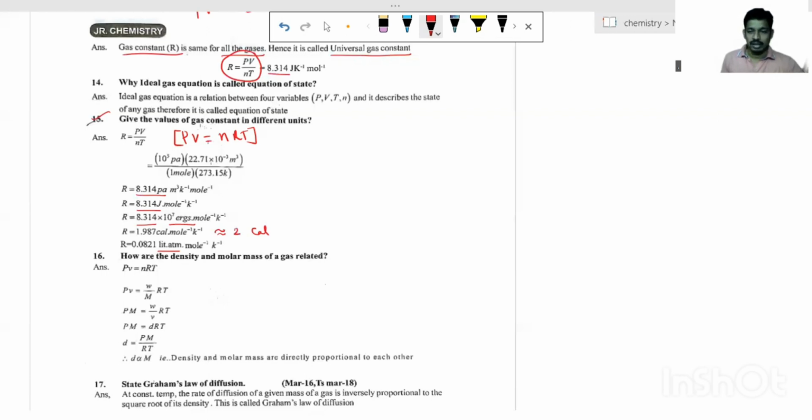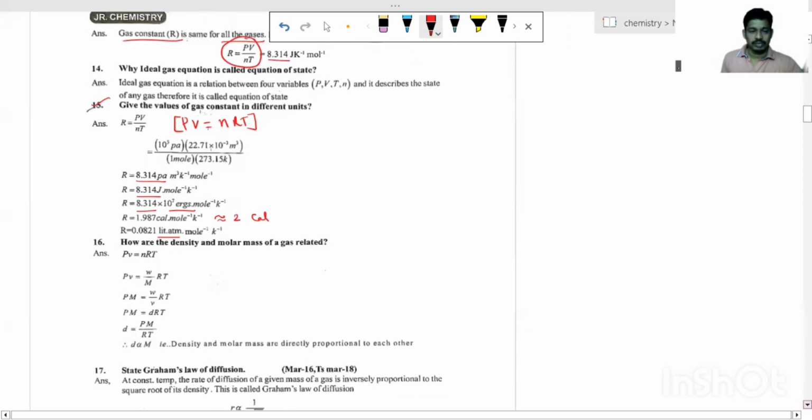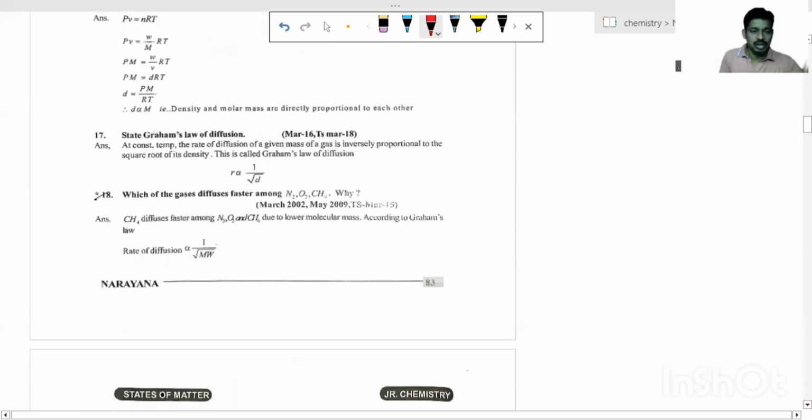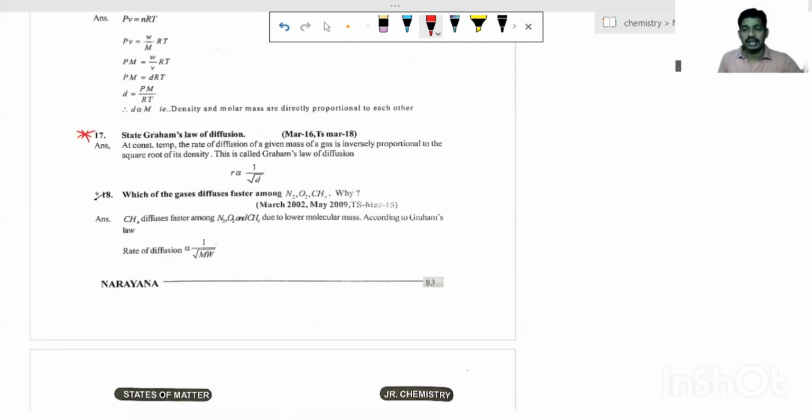Next, let us see one more question, that is Graham's law of diffusion, which is a very important question. Even it is there in the SAQ also. State Graham's law of diffusion. So here the term diffusion is very important for the study of gases. Why? Because gases will diffuse.